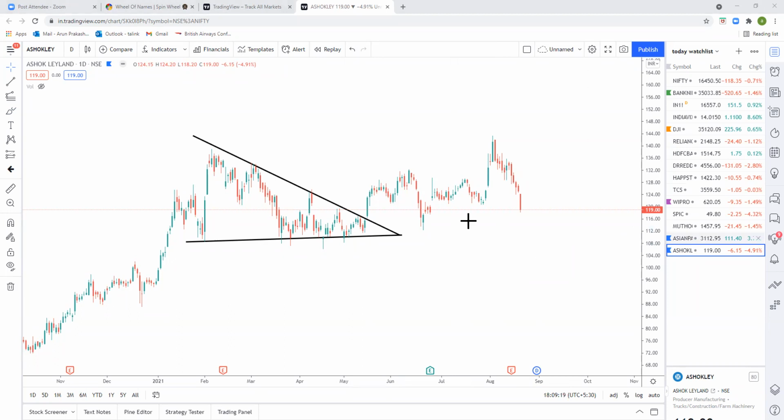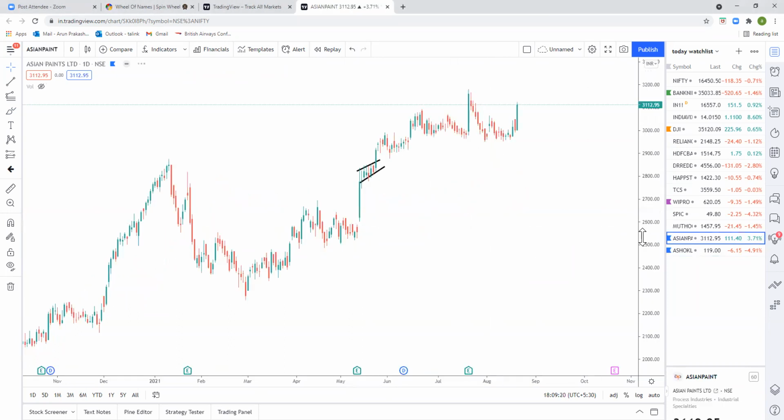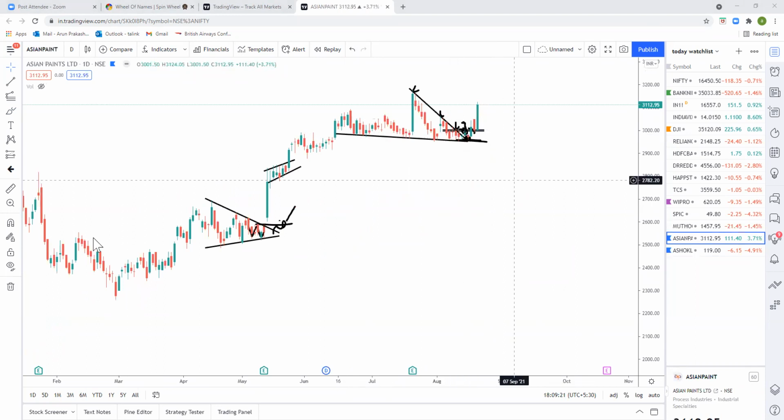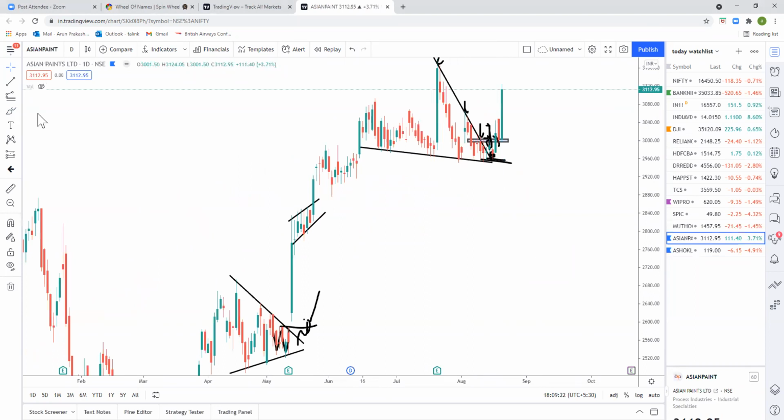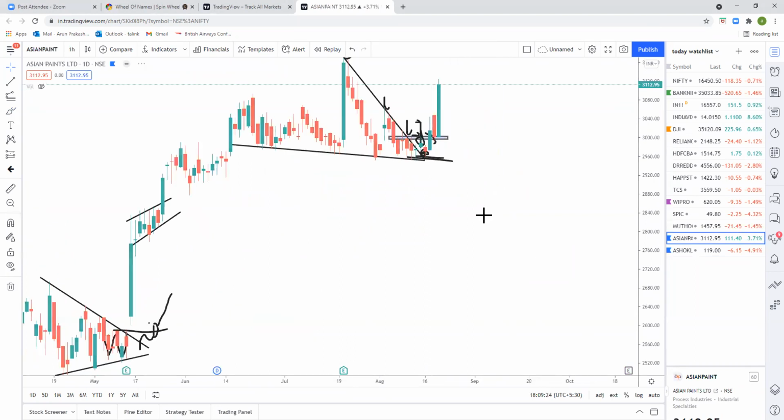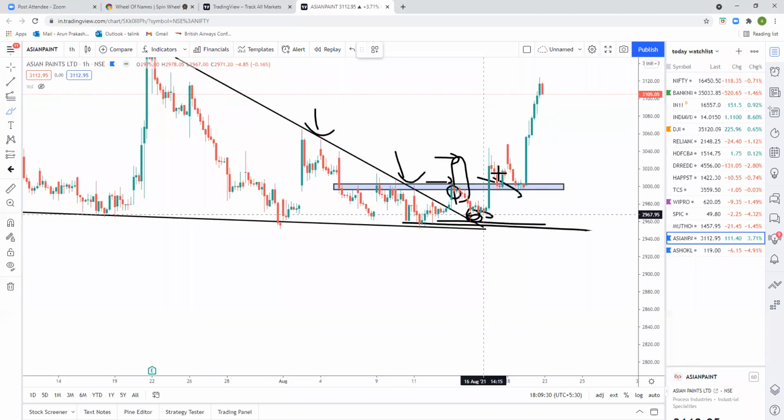Even after having everything, if you are still skeptical that price can come down, it can come down also. There is no 100% rule. If your Asian markets or global markets are bearish, then this breakout can turn out to be a false breakout. There is always risk involved in trading. You cannot avoid it. Okay, sir.